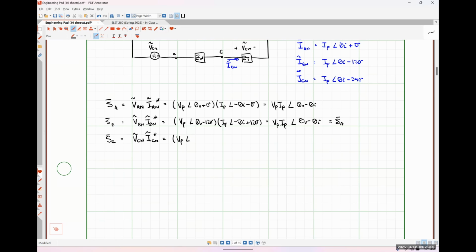So that'll be VP angle theta V minus 240 degrees, IP angle negative theta I plus 240 degrees. And this will once again come out to VP IP angle theta V minus theta I, or the same thing as SB, which is the same thing as SA.